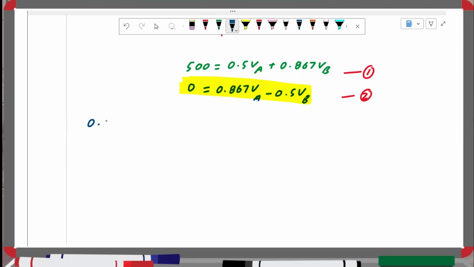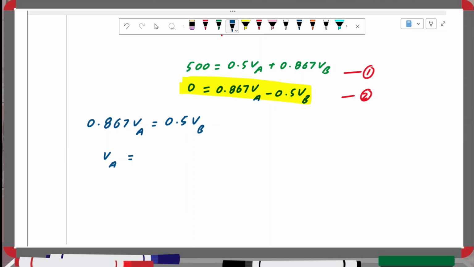The second equation can also be written as this, and let's see if you agree or not. Are we fine with it? Yes, sir. Okay. Now I can find the value of VA in terms of VB.